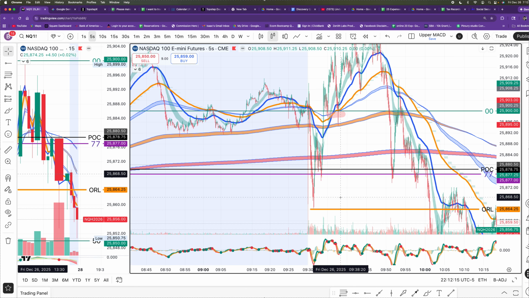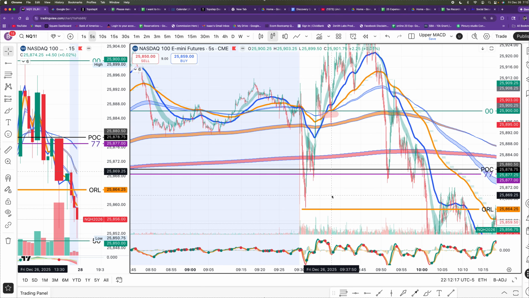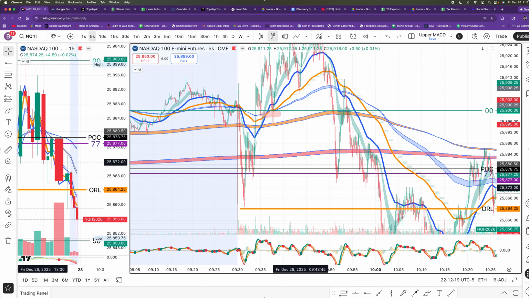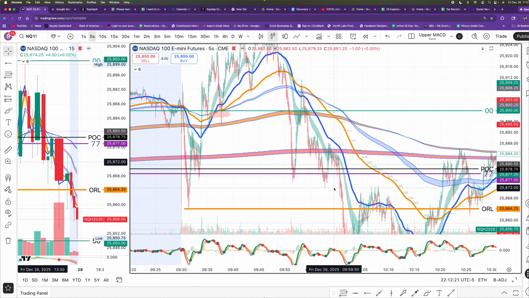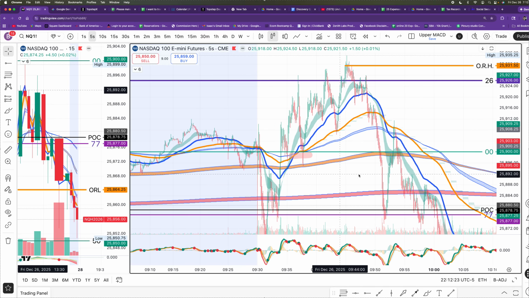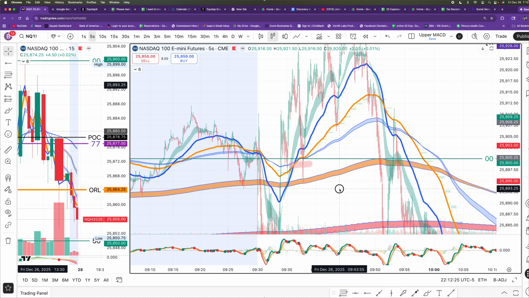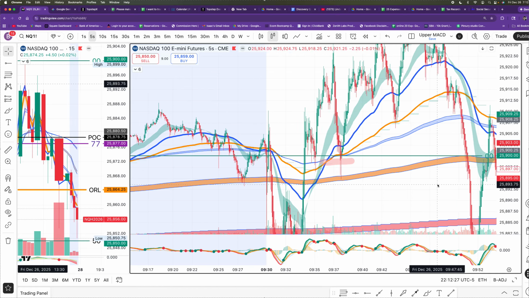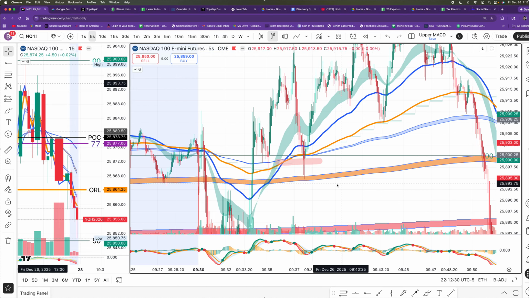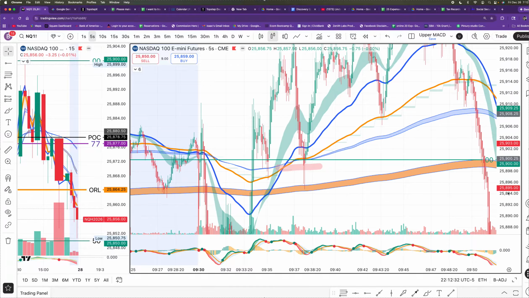Today I'm going to get into a couple of things that are kind of new to me that I've been experimenting with, and I'm going to share how I use them and how I find them. The first one is the fast cross.